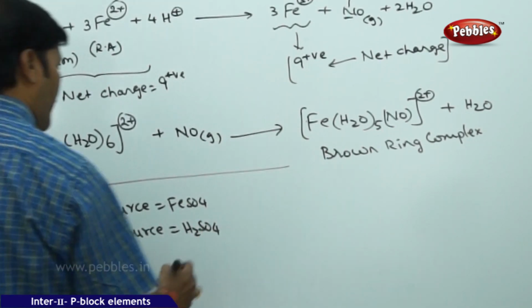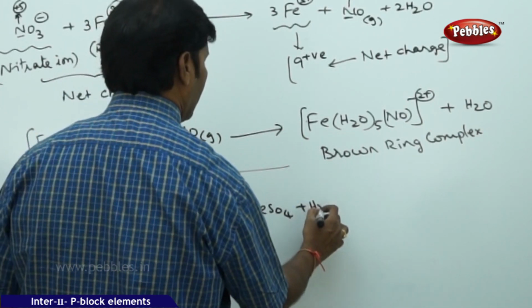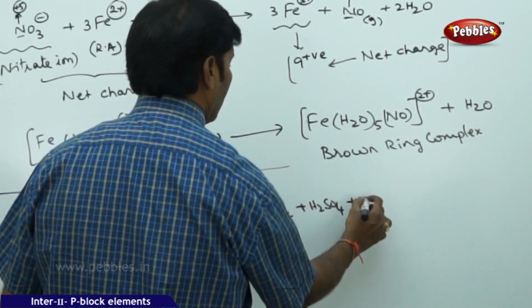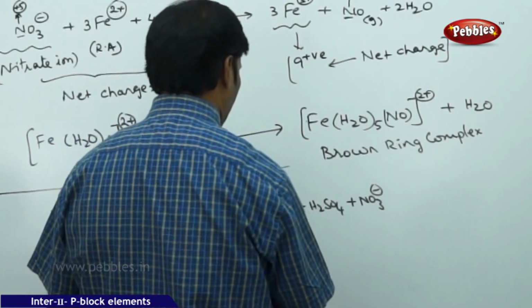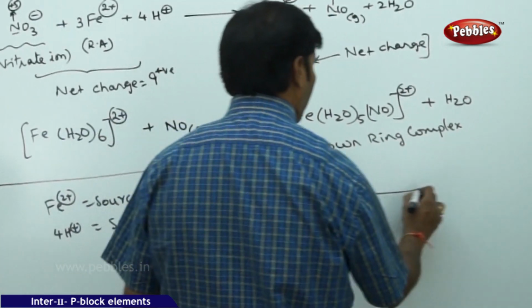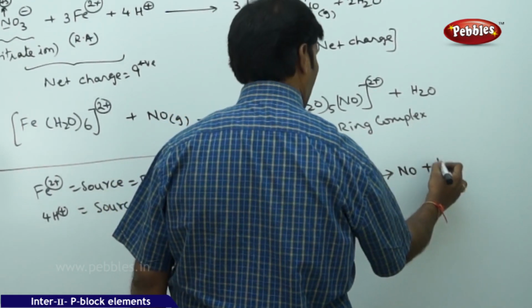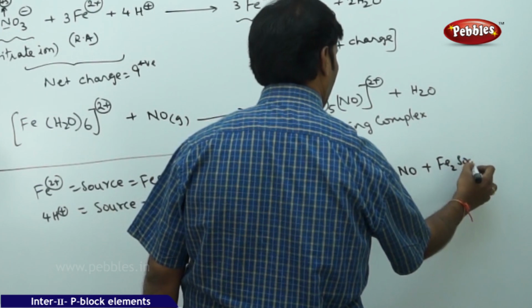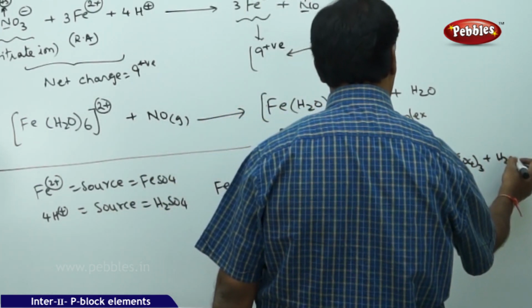So this ferrous sulfate and sulfuric acid act on nitrate, and the nitrate is reduced to nitric oxide, giving rise to ferric sulfate plus H2O. This is the possible reaction.